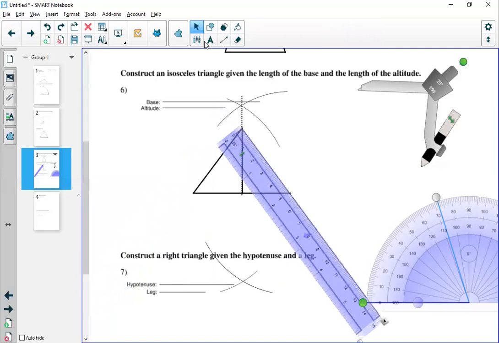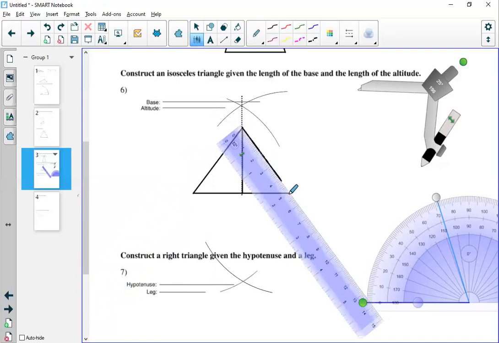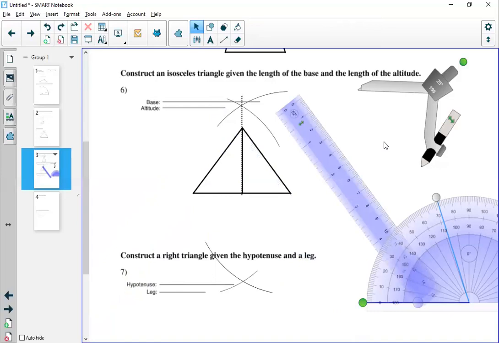Draw that straight line to connect them. And there I go. Construction completed. Wow, very simple to do. So I hope you understand this construction. Very easy and very sweet.